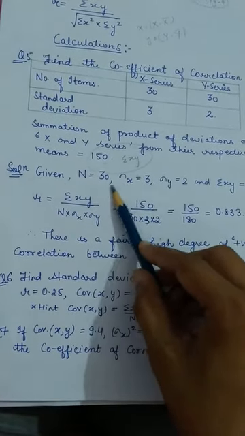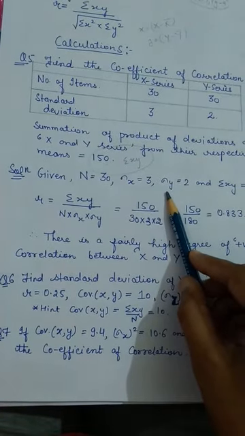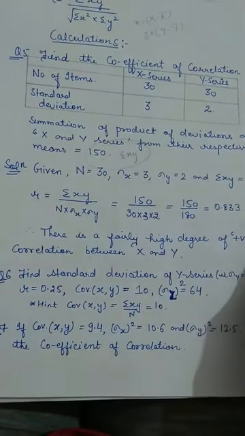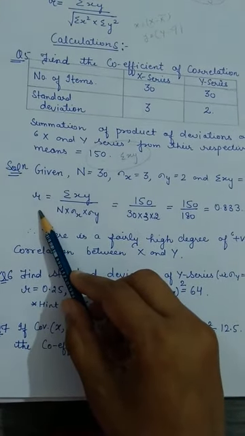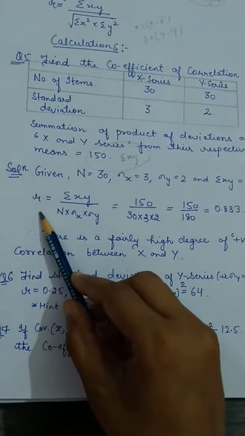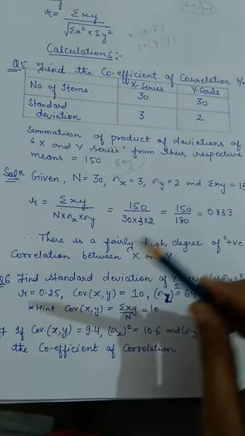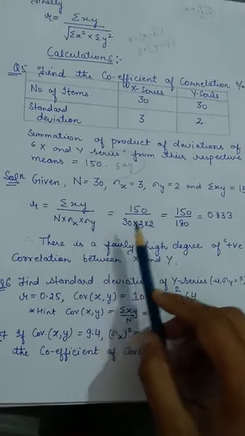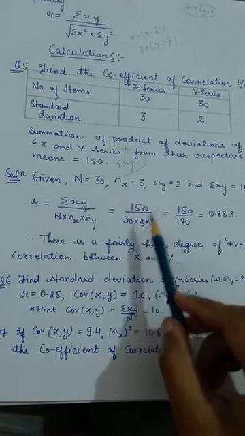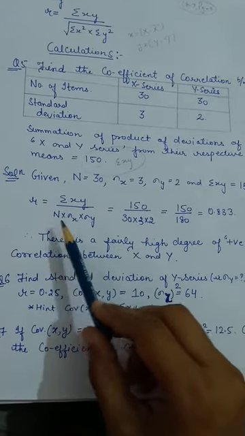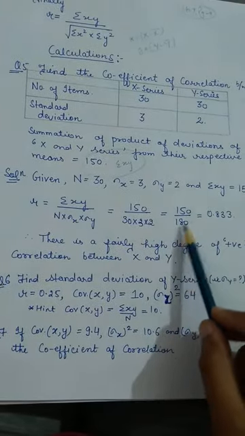Now you have the values given. N is equal to 30, mu X is equal to 3, mu Y is equal to 2, and your sigma XY is 150. The formula which we did in the start, we can use the same formula, because we already have the values of mu X and mu Y. So we will find this value: 150 upon 30 into 3 into 2, that is 150 upon 180.